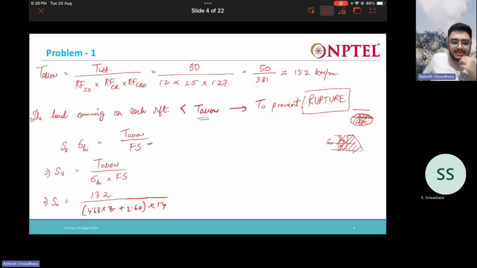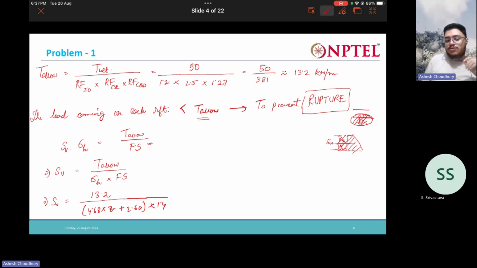Now as you can clearly see, with the increase in z, with the increase in depth, your spacing will reduce. If the denominator increases, the spacing is going to reduce, isn't it? This is quite intuitive. With increasing depth the spacing should reduce, because the pressure is higher, the load is higher at the bottom layers.